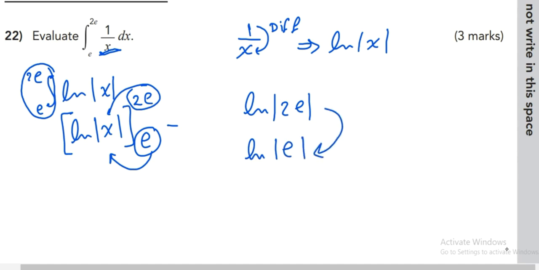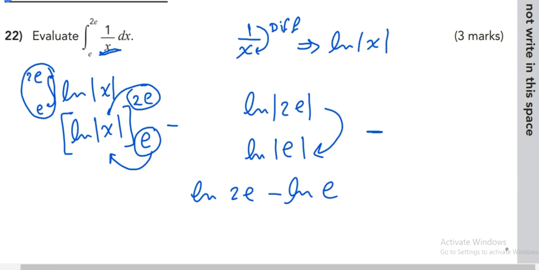Here the first one minus the second one, so it will be ln 2e minus ln e. Here we can remove this sign because 2e is positive and e is positive, so we can remove the absolute value sign.